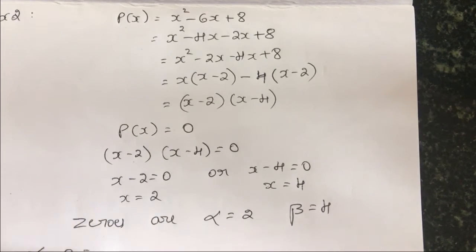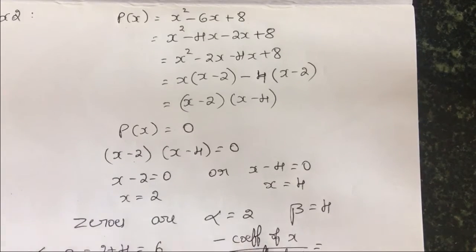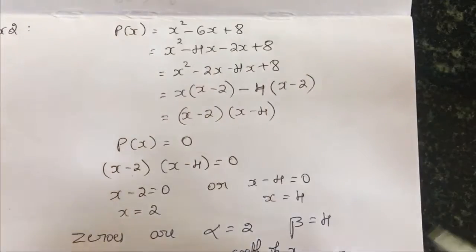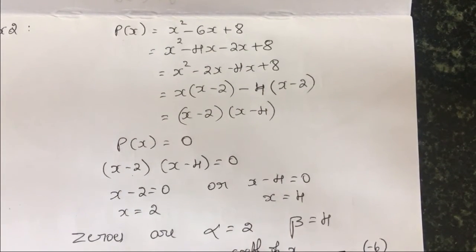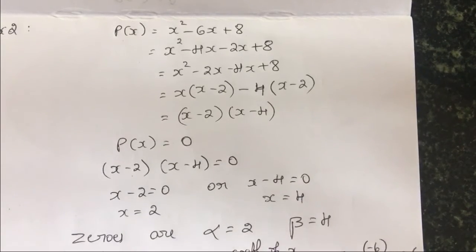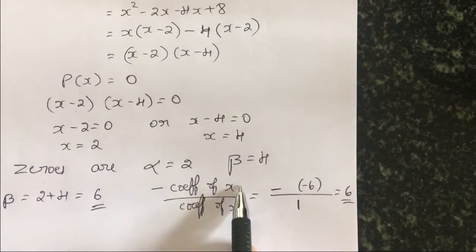So alpha plus beta here, 2 plus 4 equal to 6. Okay, now you just take minus of coefficient of x divided by coefficient of x square. I'm sorry, coefficient of x is minus 6.